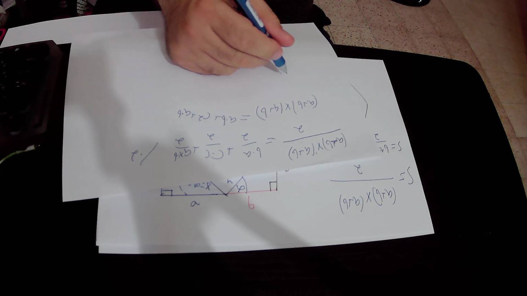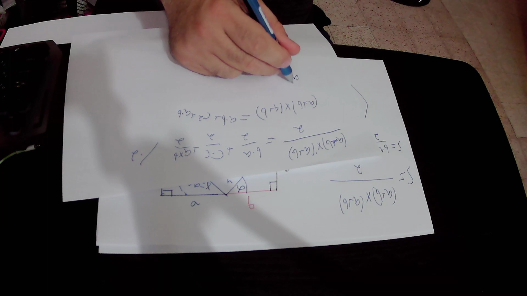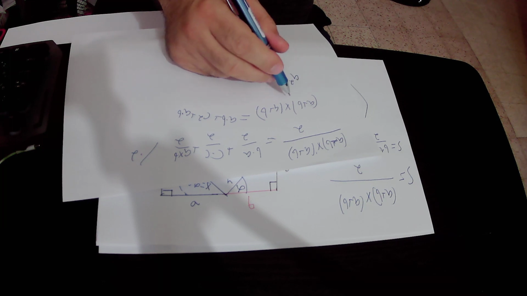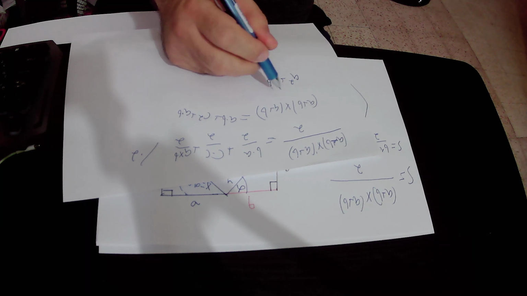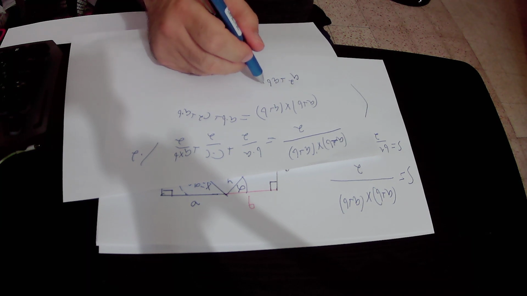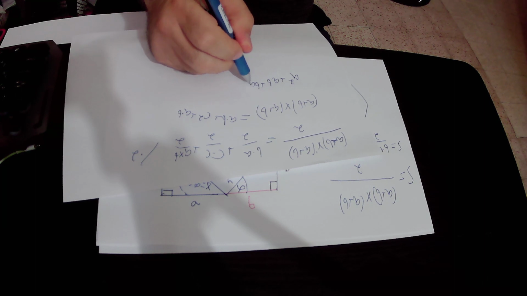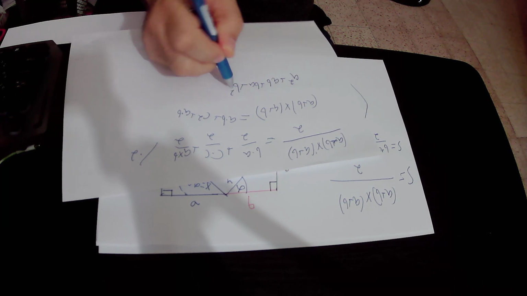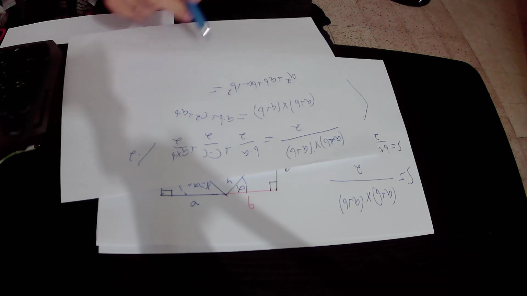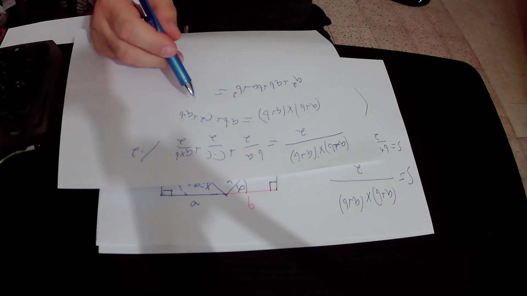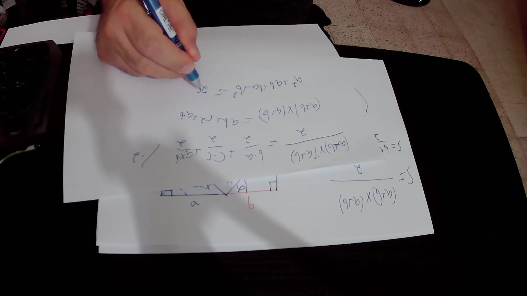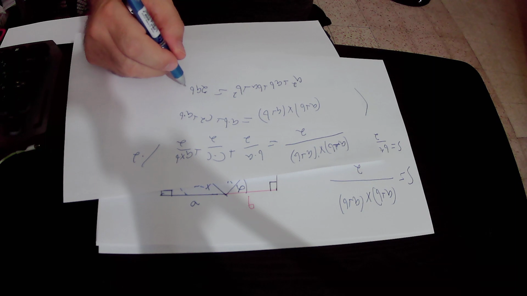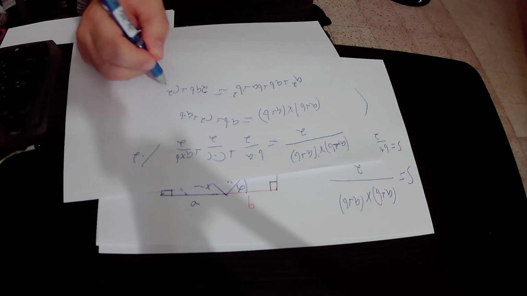A times A is A squared plus A times B is AB plus B times A is BA plus B times B is B squared equals A times B plus A times B is 2AB plus C squared.